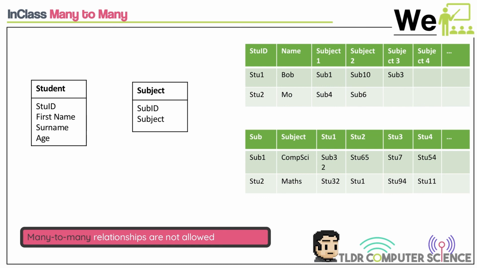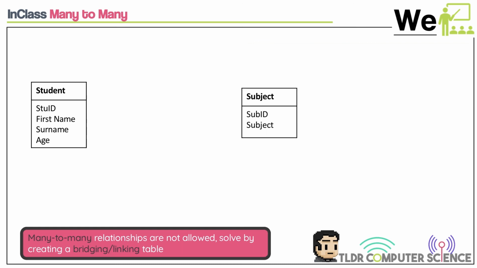What is our solution? Well, what was our solution for linking tables earlier? Our solution, like we did last time, is to form a new table. So what we can do for this many-to-many relationship is we form a new table in between the two of them, and we can create a bridging or linking table.